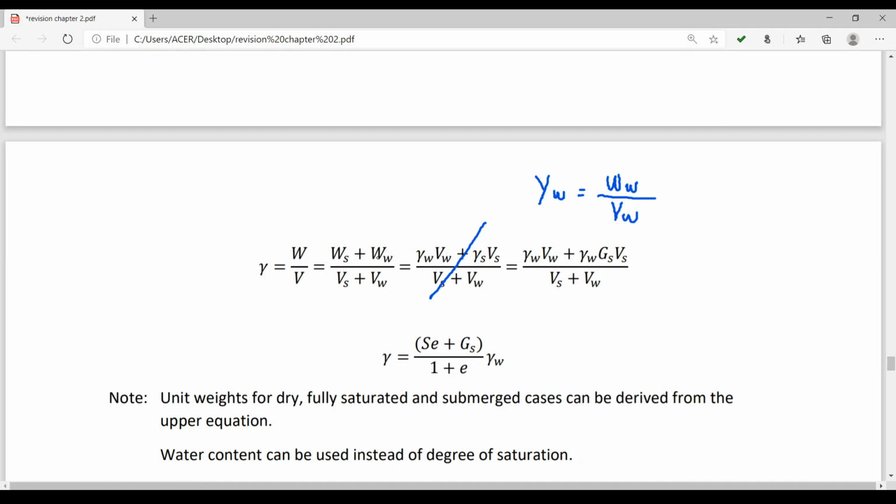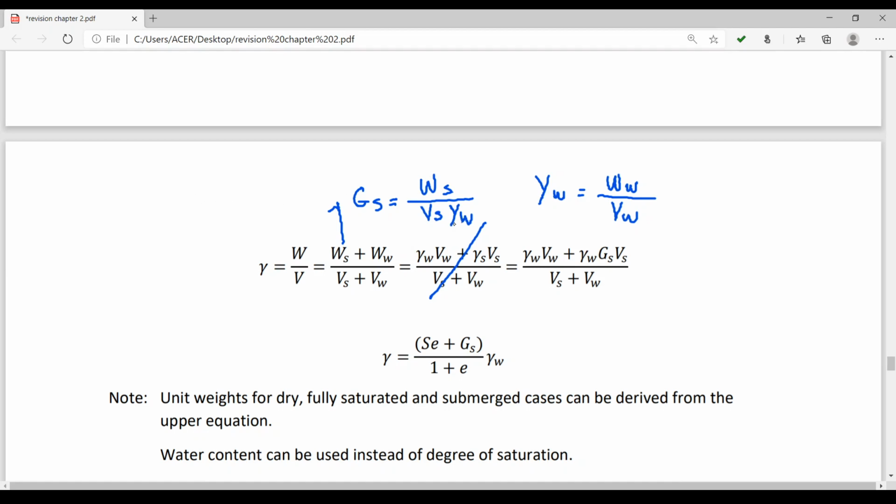How about our Ws? From the definition of our specific gravity, that is Gs equal to Ws all over Vs Yw. That is where this comes from.